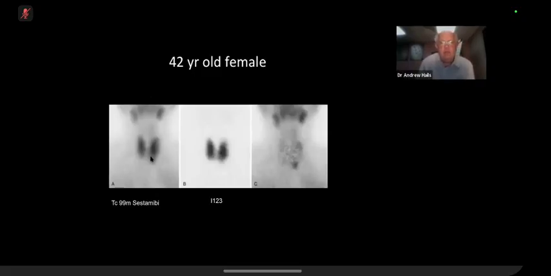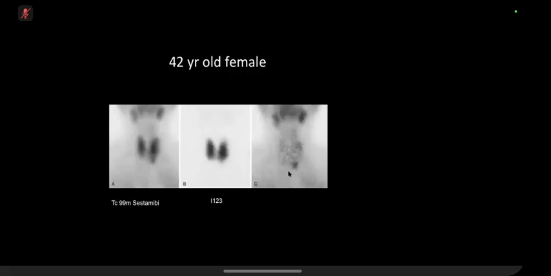Okay, now here we've got a SESTAMIBI image, an iodine image, and a third image. And this person has hyperparathyroidism. Can you explain what you've got in front of you?